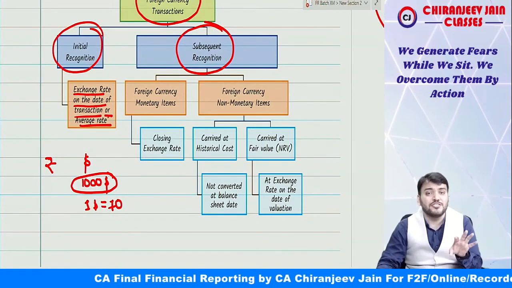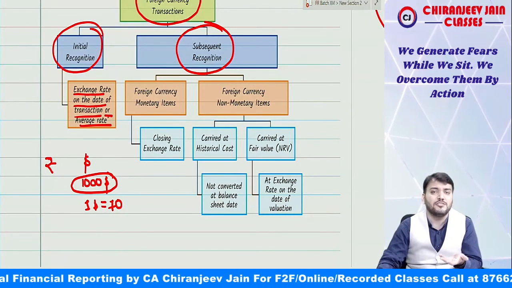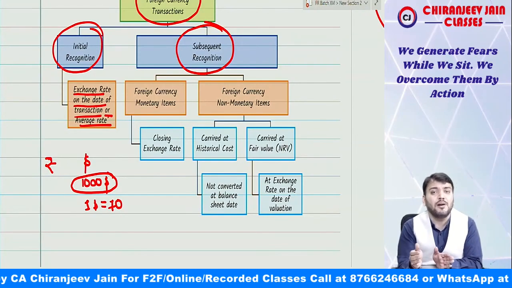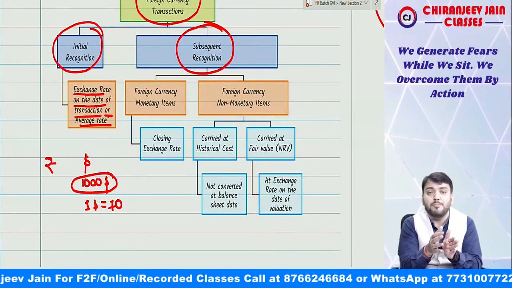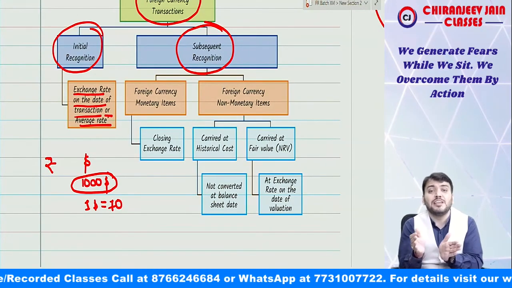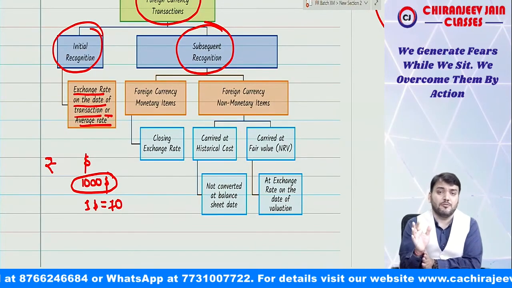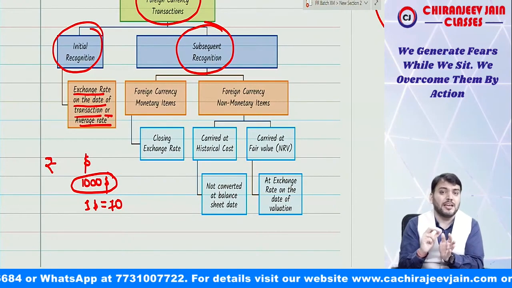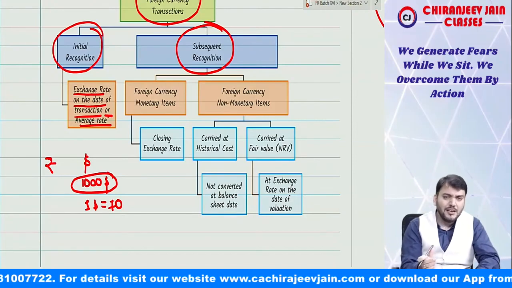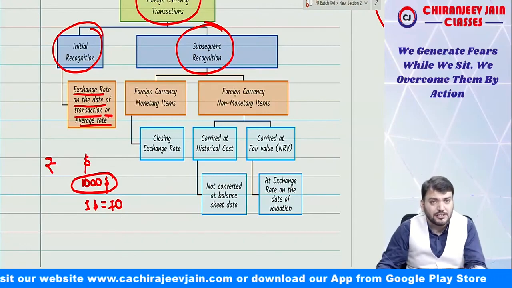Whenever a lot of transactions are happening in foreign currency, some relaxation has been given: instead of translating daily, you can record all transactions for a particular week, month or quarter based on weekly, monthly or quarterly average. But that average should approximate the actual rate. In the exam, you will follow the information given in the question. If average rate is given, you will translate at average rate.